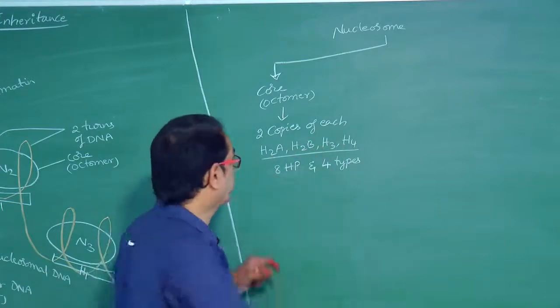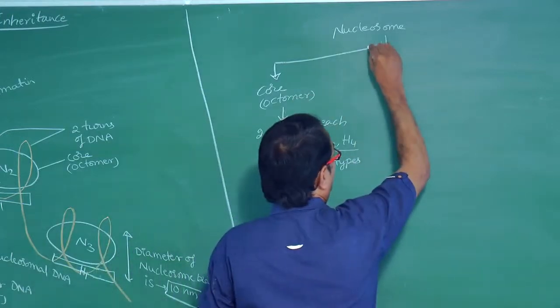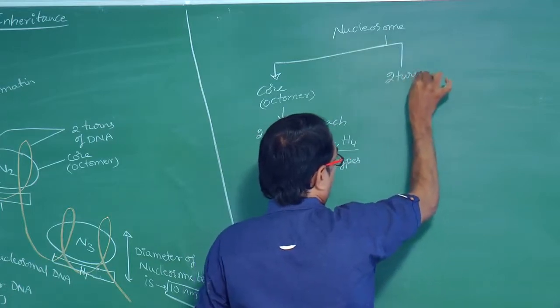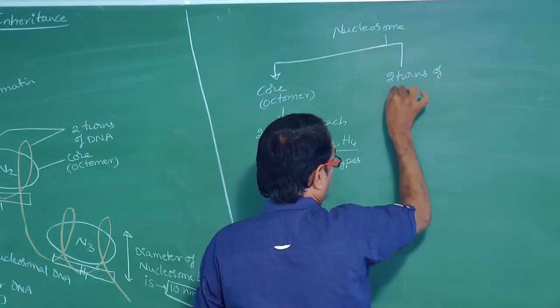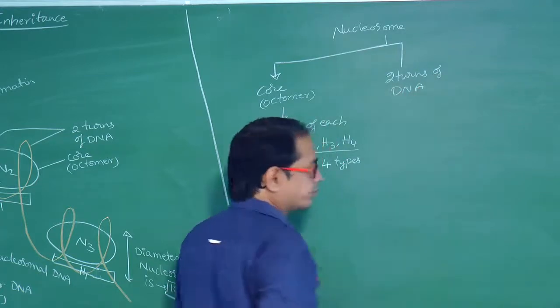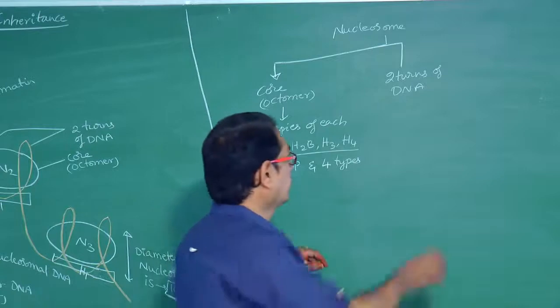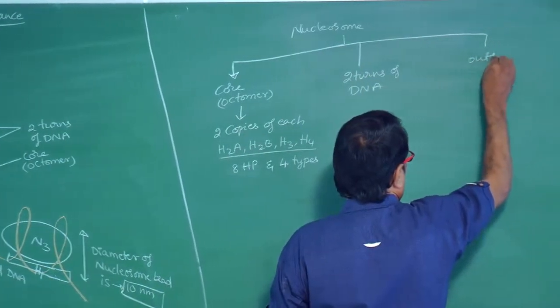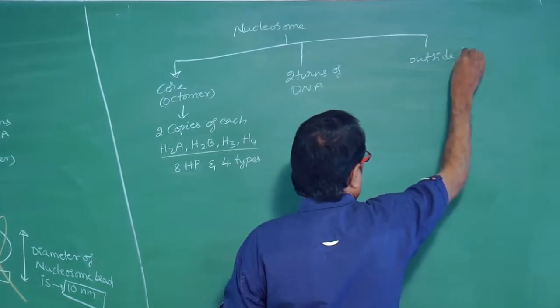Okay, right. And the second part is called two turns of DNA. And the third part is called outside the core.